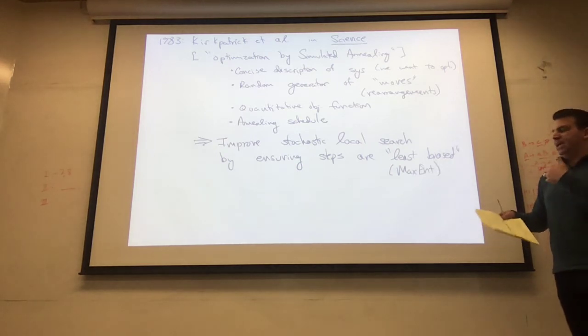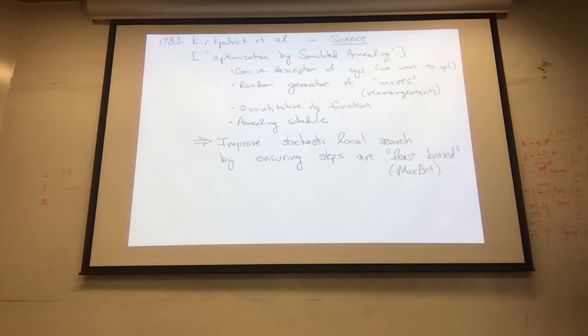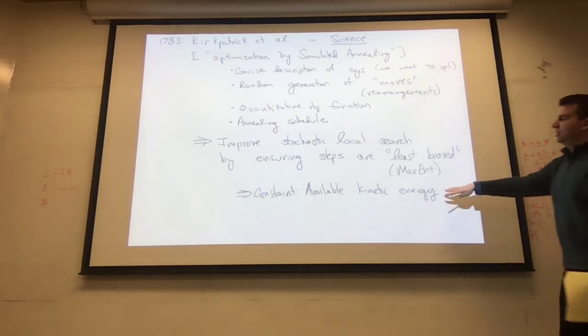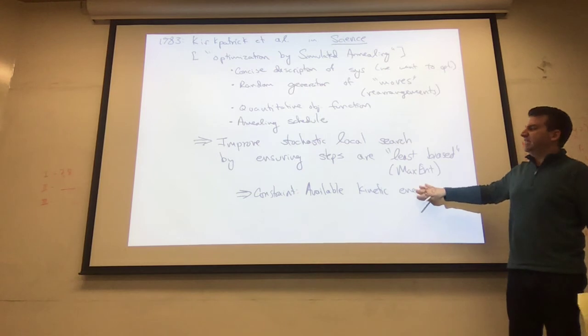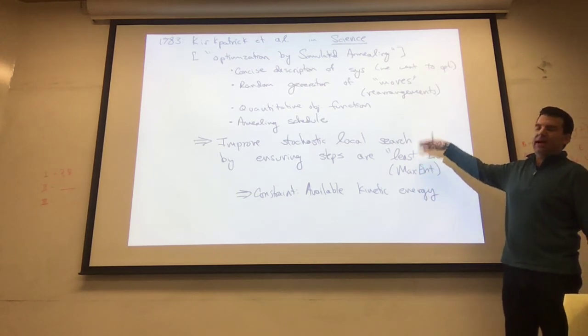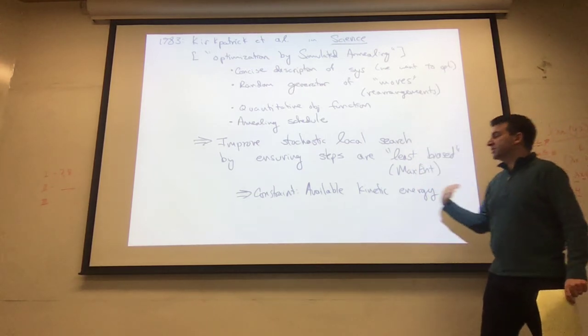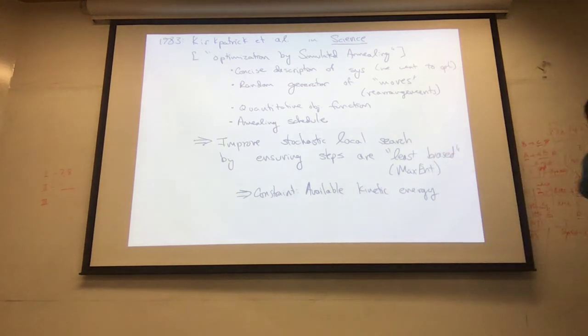And so we give a single constraint, which is available kinetic energy. And then we allow the optimization objective, given within that kinetic energy, what is the least biased way you can walk around an optimization function. And then over time, we suck away the kinetic energy.